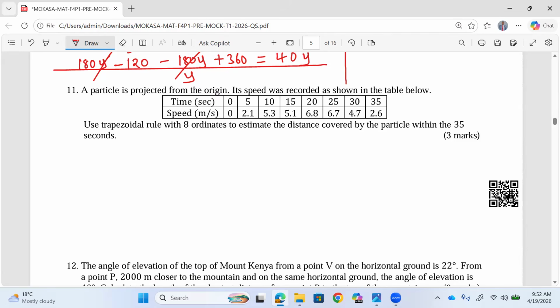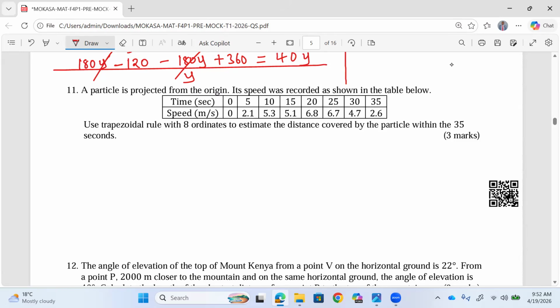So you can see the values of time there, and the speed here. If the speed against time is plotted, we shall get a graph, which is irregular, of course.